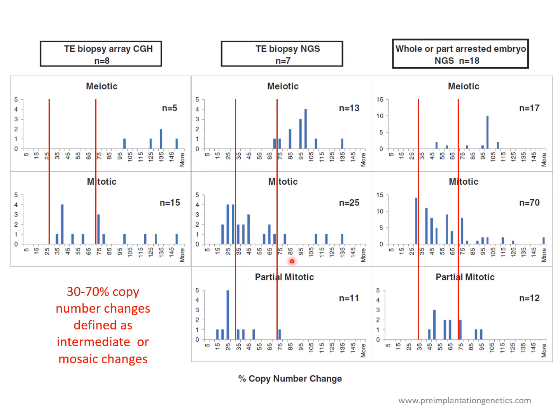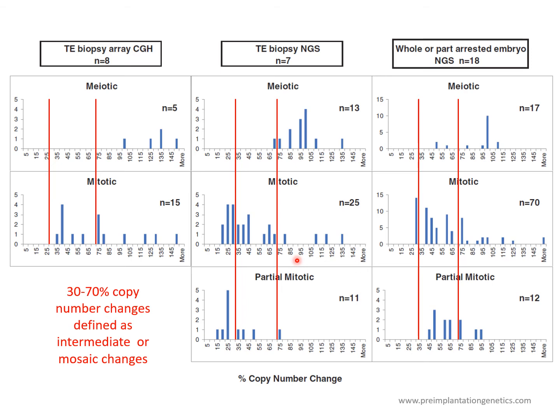The explanation for this is not clear, but it may be that these mitotic changes occurred early in cleavage, and therefore, in the same way that meiotic aneuploidies affect all the cells of the embryo, perhaps these changes were introduced after fertilization or during fertilization at syngamy.